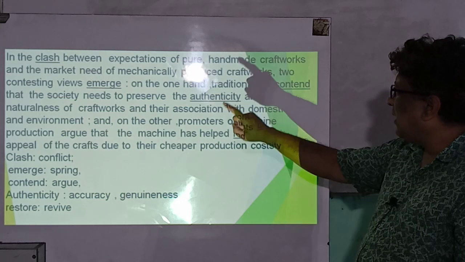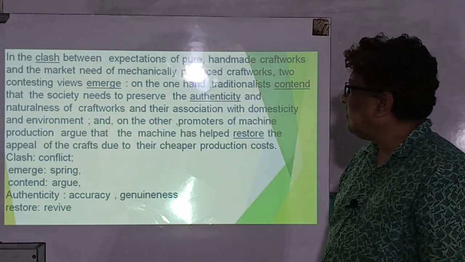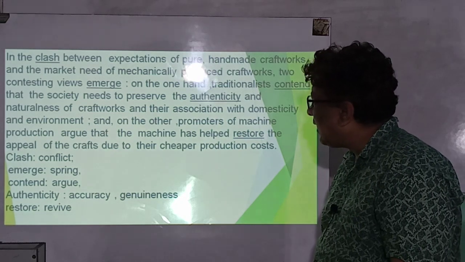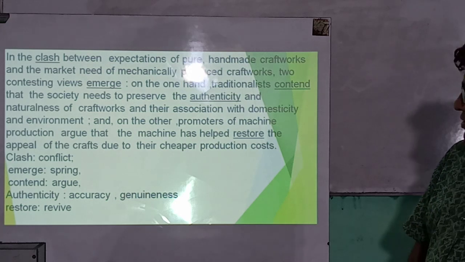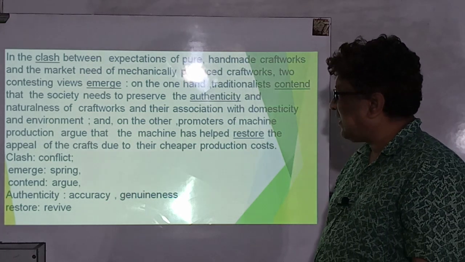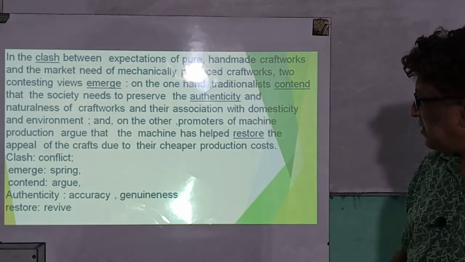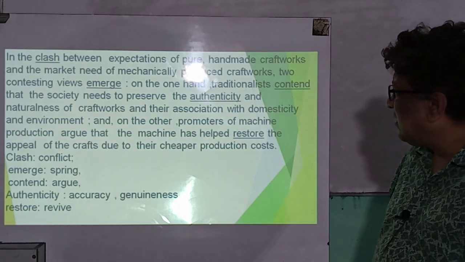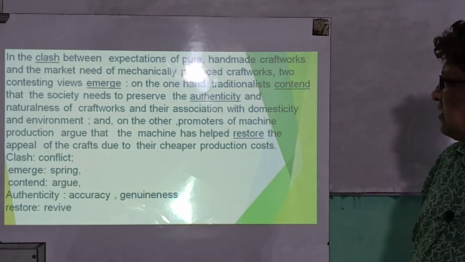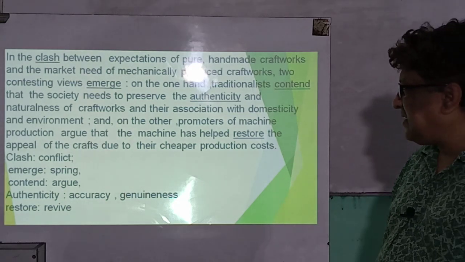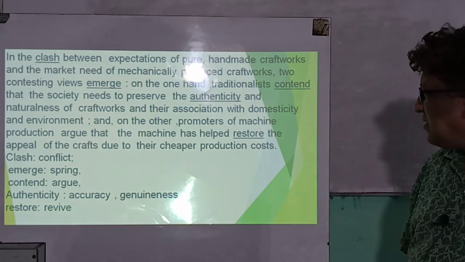So we have some underlined words which we can have a second look at for enriching our vocabulary. So first, clash means conflict, contradictions, opposition. Emerge means spring. Contend means argue. Authenticity means accuracy, genuineness.